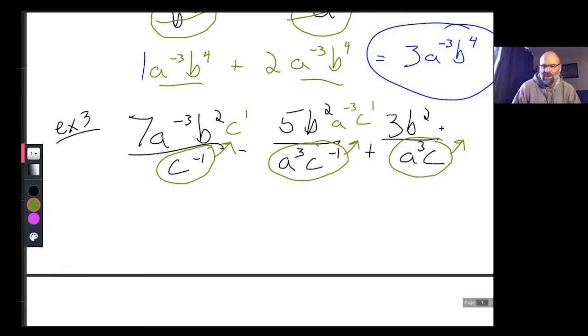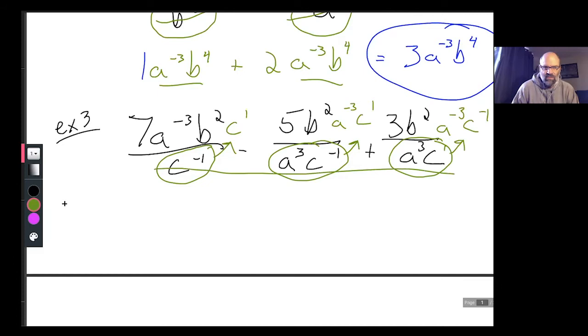And this is a to the negative third, c to the, no exponent, so the exponent's 1, so that's negative 1. Okay, so those are done.